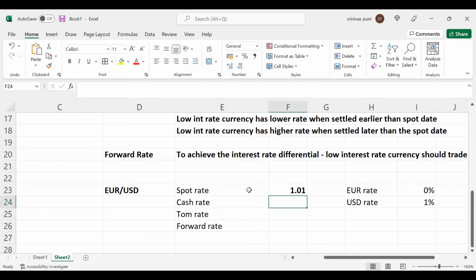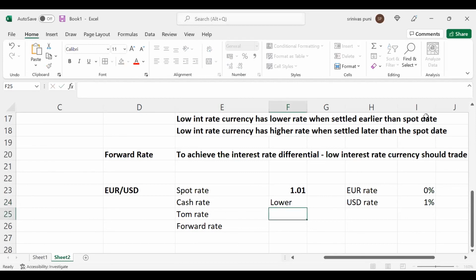Now, how do you think about this? Same logic. The currency which has the lower interest rate should be trading at a lower value for dates before the spot date, and that currency should trade higher than the spot rate for dates beyond the spot date, right? That is the logic we have to use. Now, using that logic, the cash rate and term rate will obviously be lower, right?